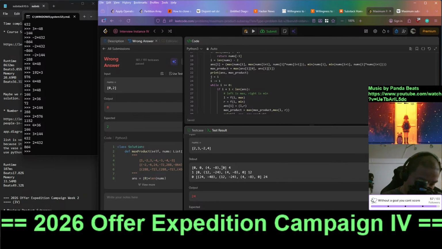Right, so the max is 12, the minimum is negative 24. Is that correct? Okay. They expect 6 though.